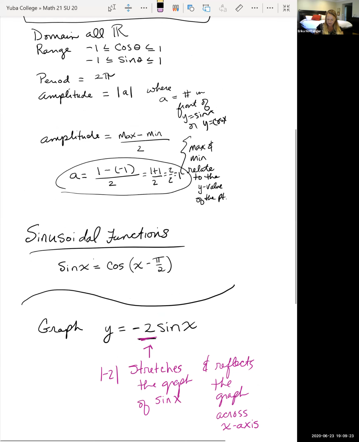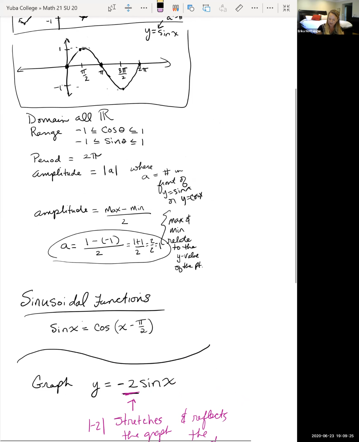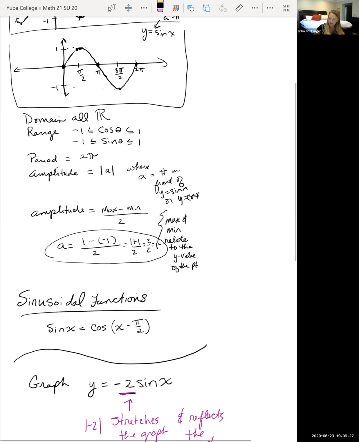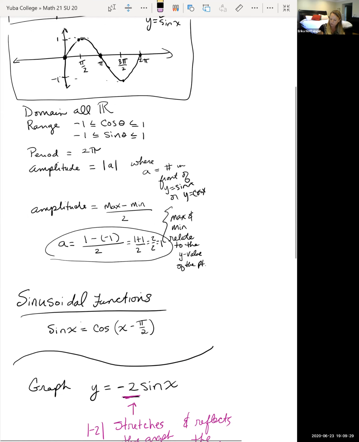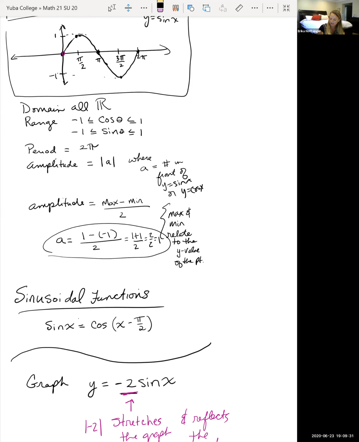So if I go back up to my sine curve over here, multiplying this by -2, this first point, 0, 0, my y value times -2 doesn't do anything to that point. It stays here at 0, 0. When I get to pi halves, if I multiply my y value by -2, it's now not going to be at 1. Instead, it's going to be at -2.